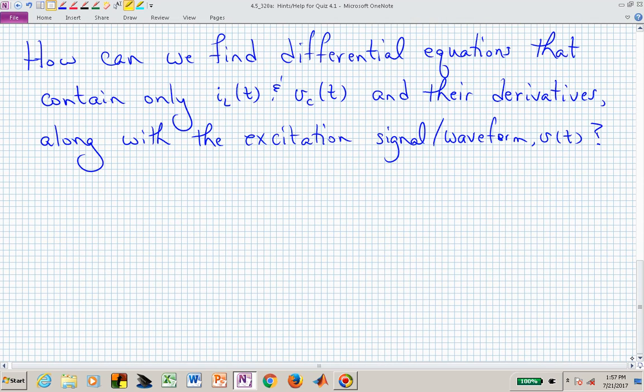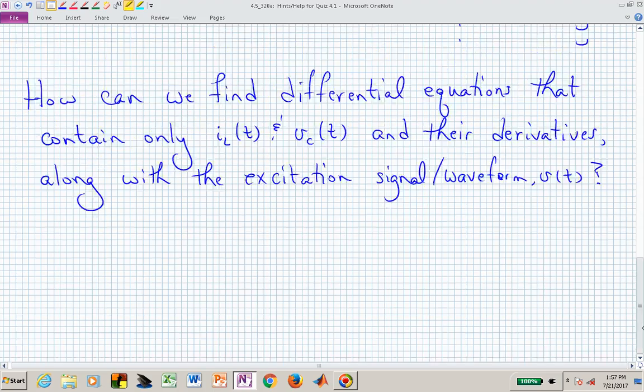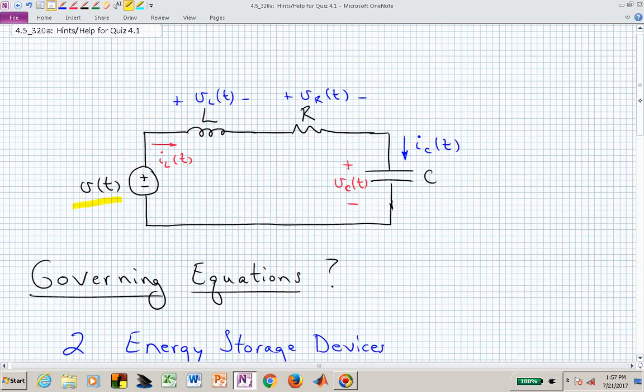We expect that to be there, but the other things that we expect are only inductor currents and its derivatives and capacitor voltages and the derivative or derivatives of the capacitor voltage. And if we look at this particular circuit, now we're trying to find equations that govern the dynamic behavior.